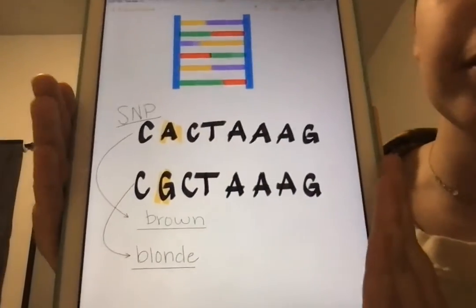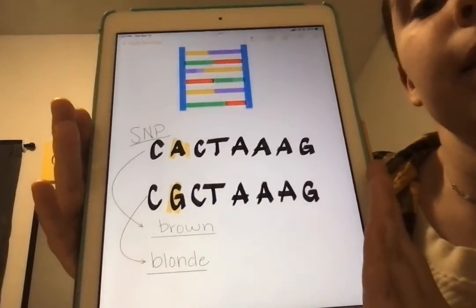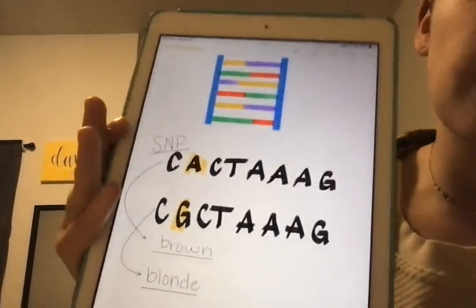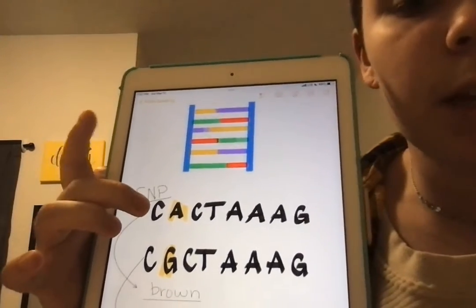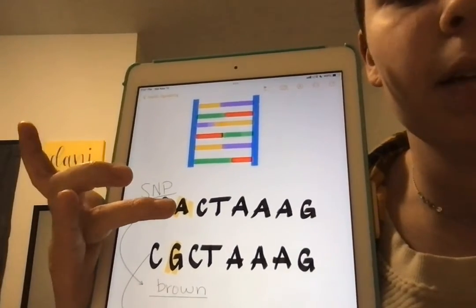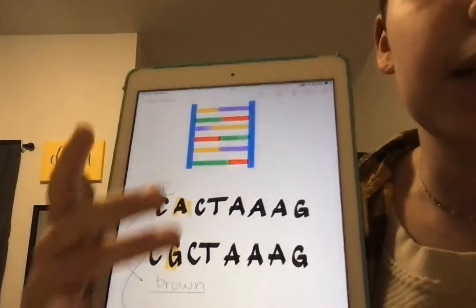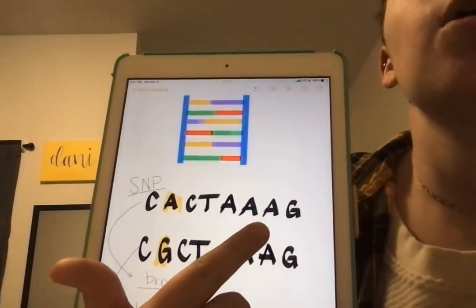And so going on to hair, we can look at the DNA and look at the KITLG gene. We can look at it and determine whether someone has brown hair or blonde hair. And so I have a little sample of stranded DNA that I'm going to show you right here. As you can see, there's a ton of C's, A's, T's, and G's. So C represents cytosine, A represents adenine, T represents thymine, and G represents guanine.